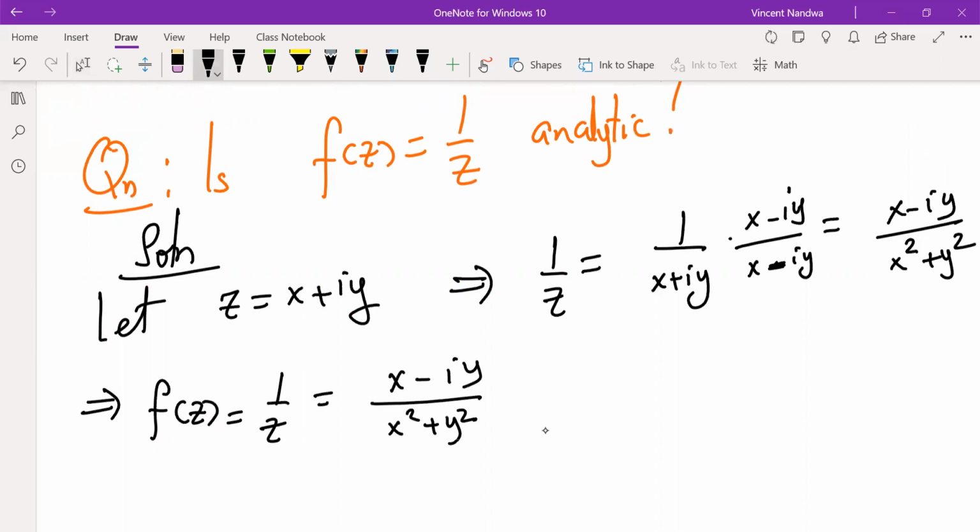And then you can always separate real and imaginary parts: x over x squared plus y squared, minus y over x squared plus y squared times i.